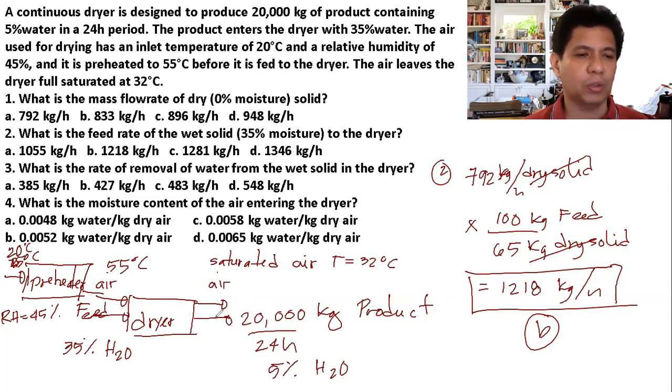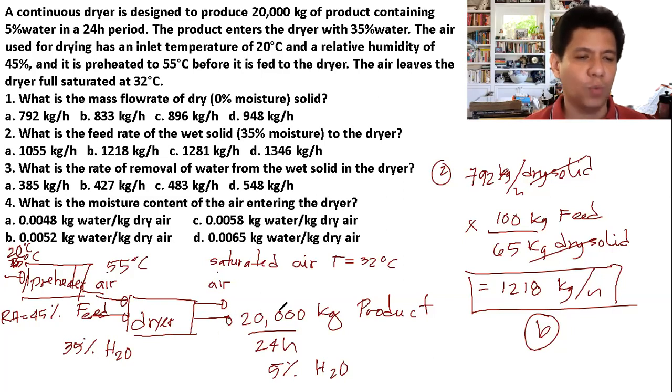So how are you going to solve for that? It's basically the total amount of product minus the amount of feed, you're going to get the amount of water removed per hour. Okay? Or simply perform an overall mass balance.